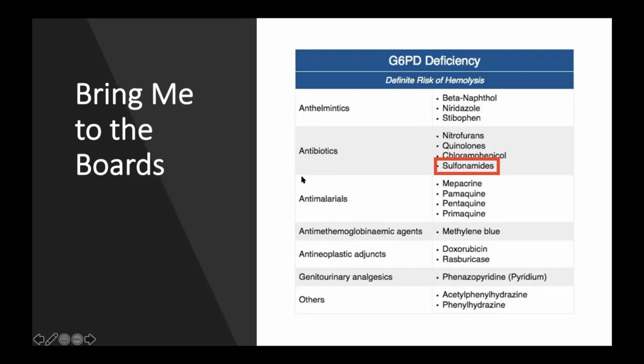And just memorize the word antimalarials. So sulfonamides and antimalarials are contraindicated in patients with G6PD deficiency. Doc, I only have 2 brain cells left. I only have 2 neurons left. Then memorize antimalarials, memorize sulfonamides.